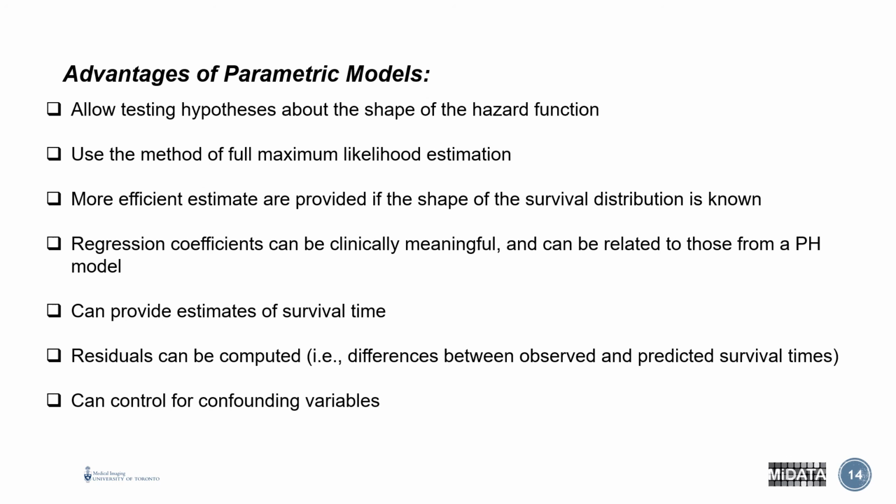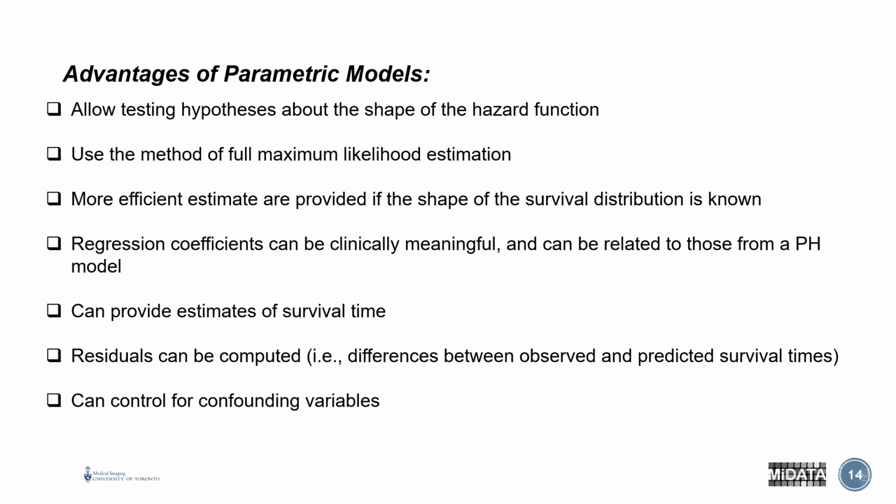Now, other related advantages, of course, is that more efficient estimates will be provided if the shape of the survival distribution is known. So meaning that you a priori know the distribution, and therefore you can perform strong parametric modeling.